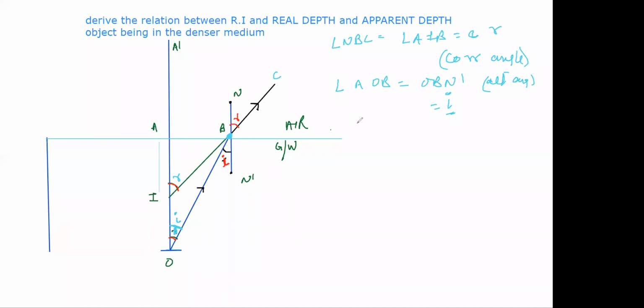Which triangle now? Tell me. In triangle AIB, sin R equal to perpendicular upon hypotenuse, AB upon IB. In triangle AOB, sin I equal to AB upon OB. Fine.